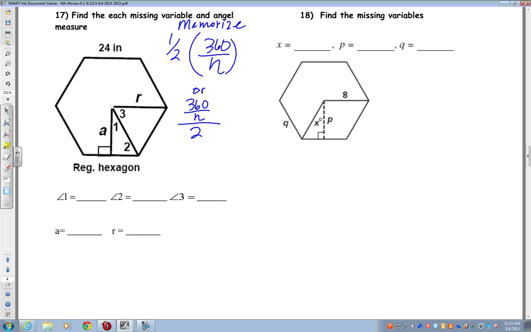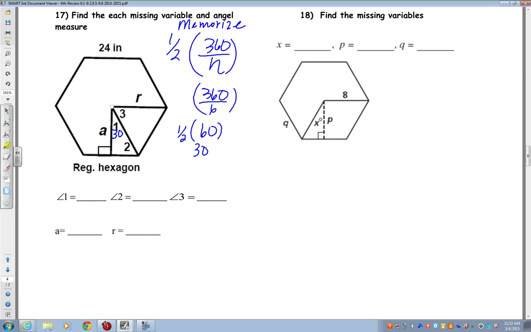Okay, so see if you can come up with angles 1, 2, or 3. So close. No, angle 1's not 15. No. Angle 1 is 30. Angle 1's 30 because if you do 360 divided by 6, that's 60. But if you take half of that, that's 30.